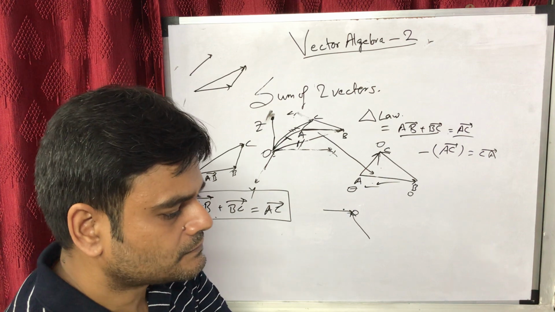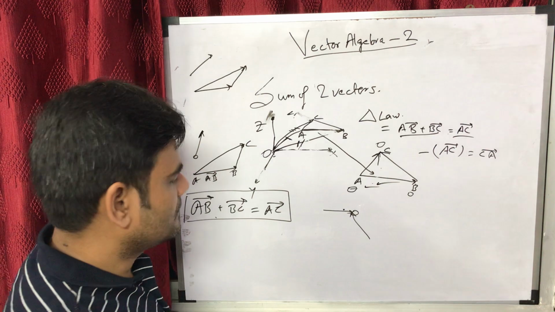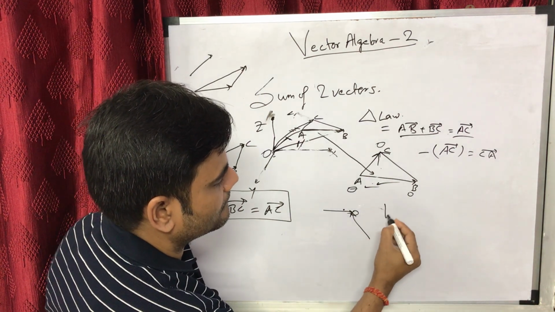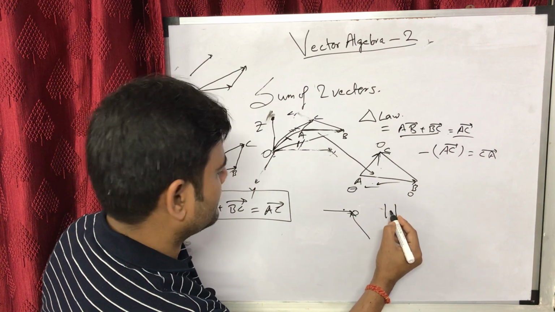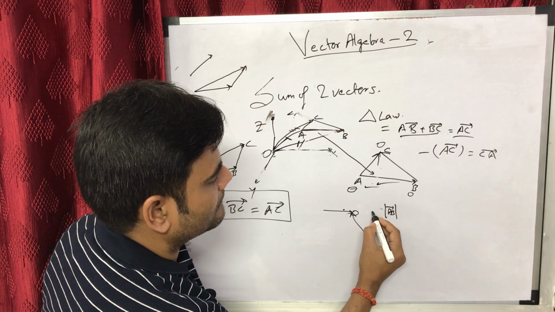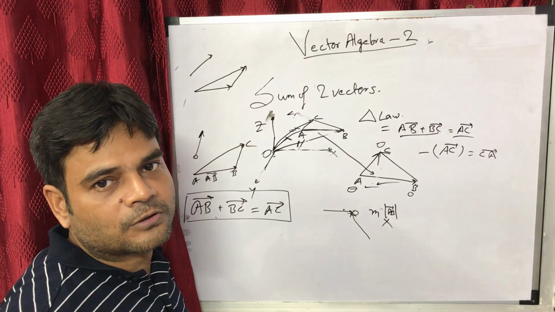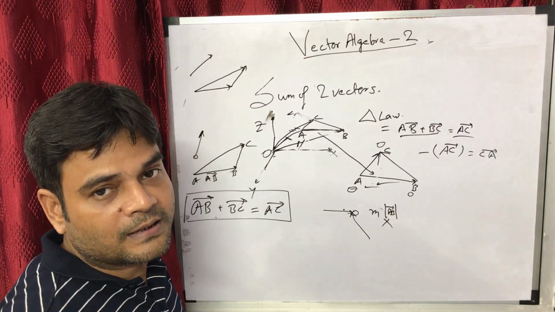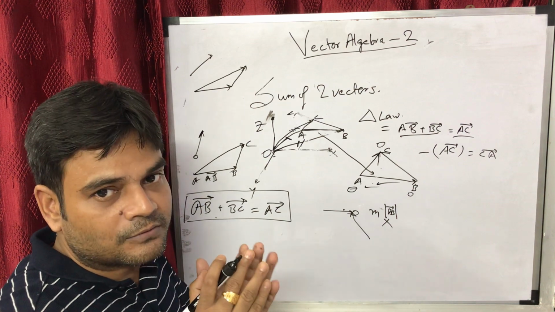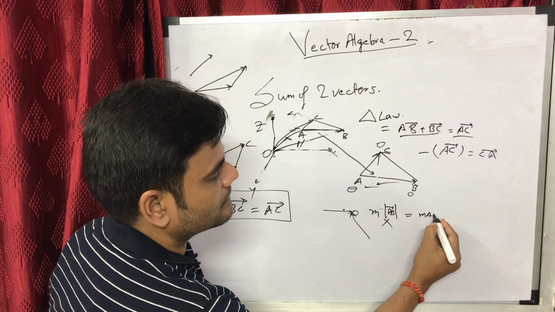So let me see if there is another thing I wanted to say. A vector, say AB, if you multiply it by a magnitude, say m. Like I am talking about force: I say I applied twice the force, which means force is a vector, twice the force is a vector, so the magnitude gets multiplied and the vector becomes mAB.